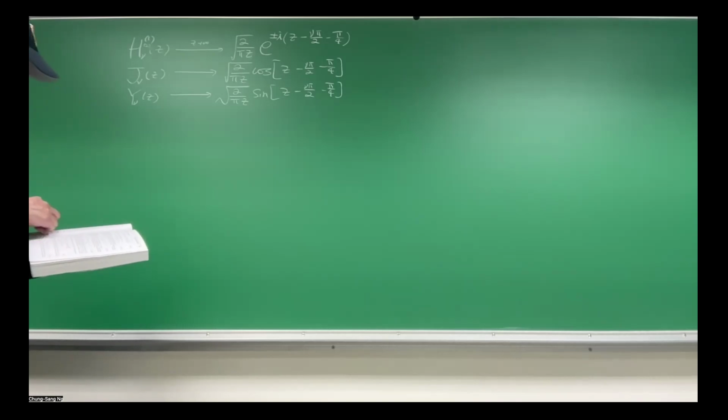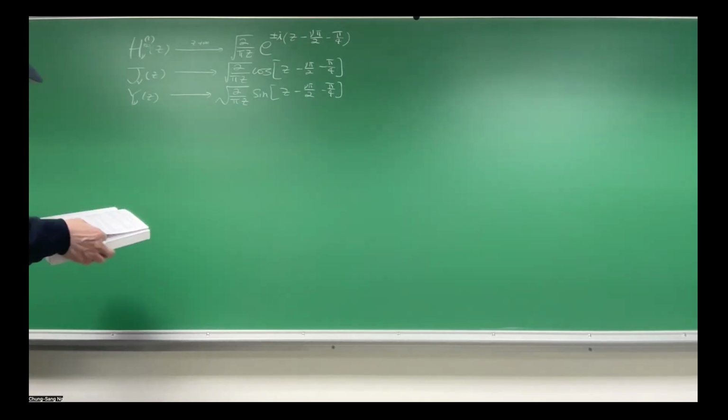Okay, and now for the modified one, we need to go back to the definition from the last section. So there's I and K, and K will be easier because K is directly defined by the H function. It's defined in 14.6.